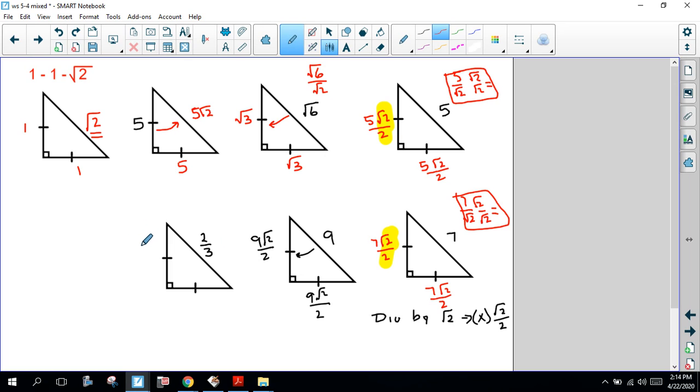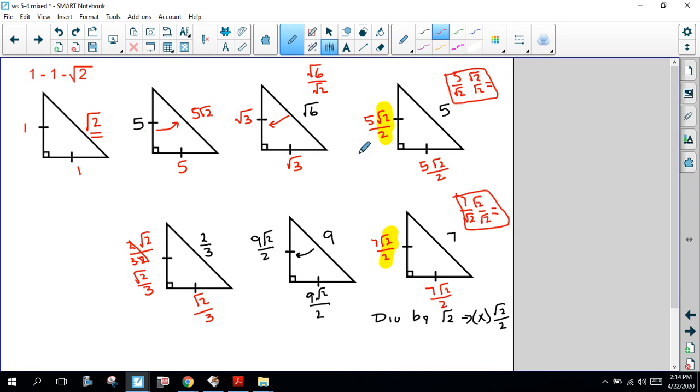But we said dividing by radical 2 is the same thing as radical 2 over 2. And I take this 2/3 and multiply it times that. So the 2 goes in the top, the 3 goes in the bottom. Those 2's would cancel. And so I'm going to end up with an answer here of radical 2 over 3. So radical 2 over 3 for both of my legs.